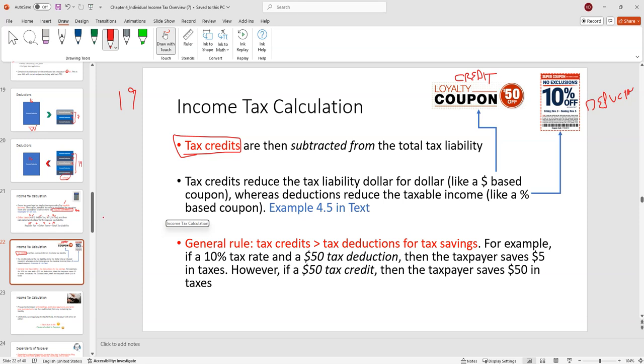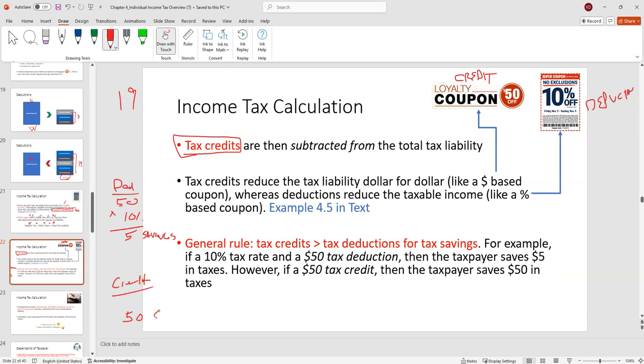So if we just map it out, if I told you, for example, a $50 deduction, right? If we have a deduction and it's $50, you reduce your income by $50, you'll save 10%, that tax rate, the marginal tax rate. Hey, there's $5 in savings, right? Compare that with a credit for $50.